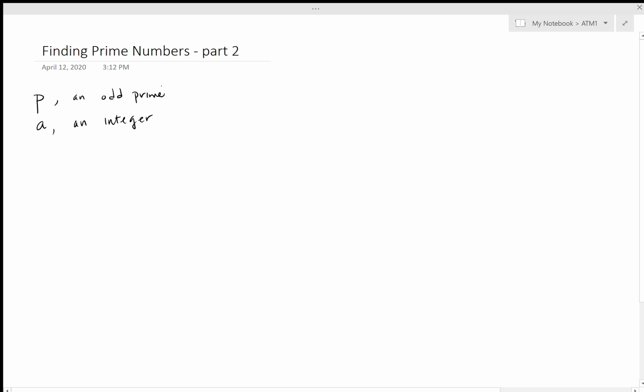I'm going to tell you that A is called a quadratic residue mod P if A is not congruent to 0 mod P.